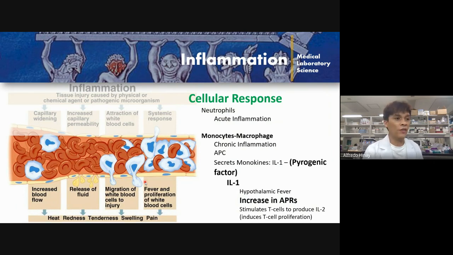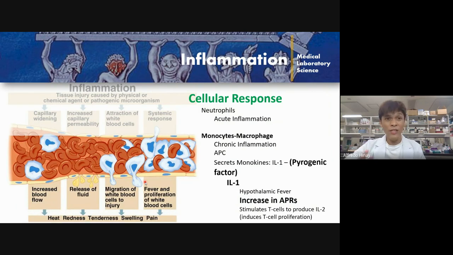And then, of course, your interleukin 1 will stimulate your APRs, or acute phase reactants. These are the proteins that will increase if you have inflammation. It will also stimulate your T cells to produce interleukin 2, which induces T cell proliferation. I know that your T cells are more on adaptive, so we will leave that for the adaptive topic.